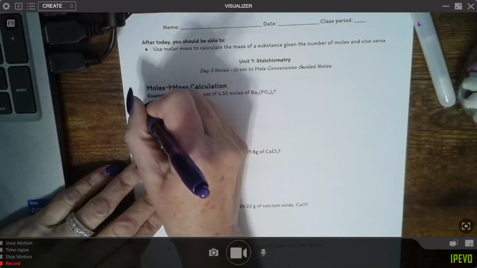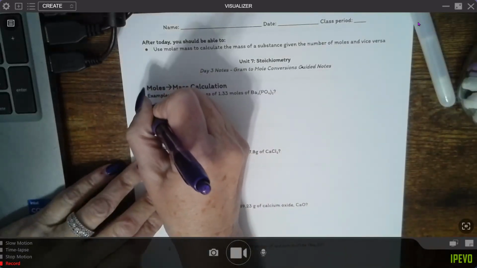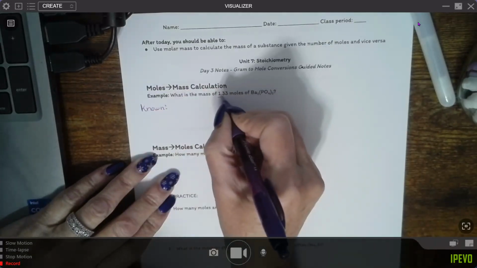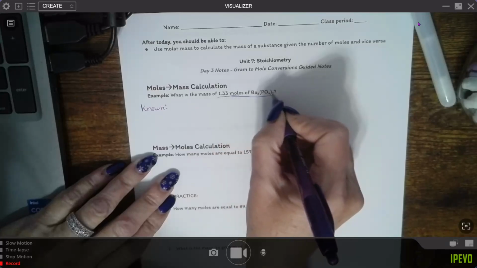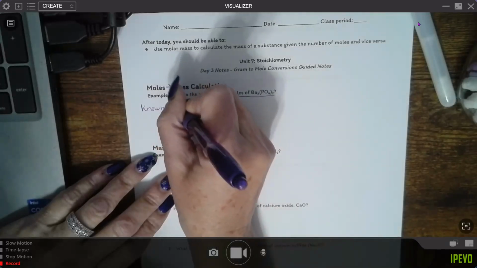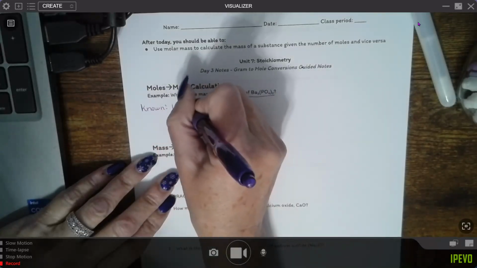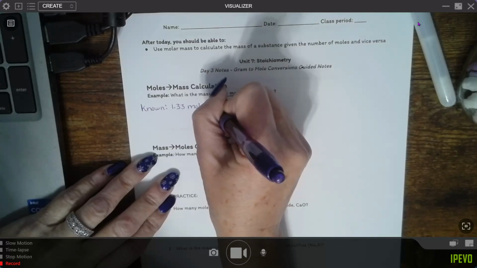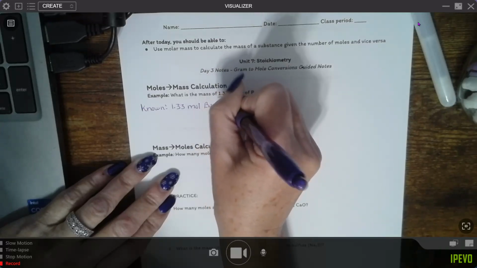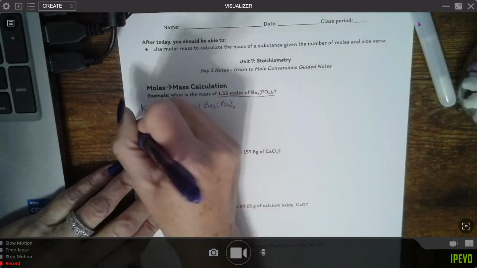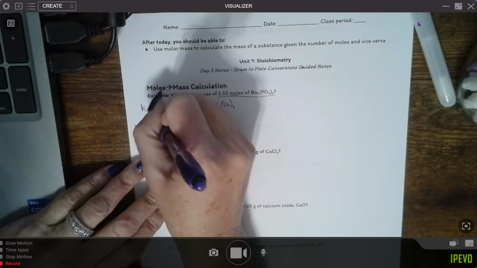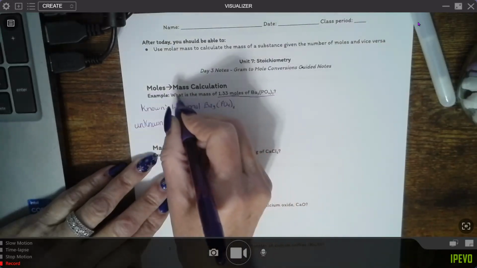Our known in this is 1.33 moles of barium phosphate. And then what we're looking for is our unknown, and that's always going to be the thing that has the question.